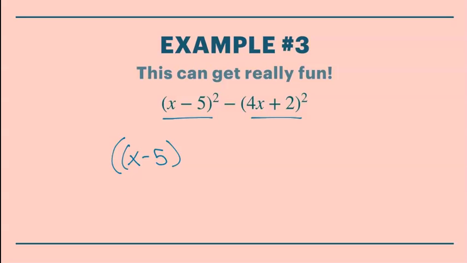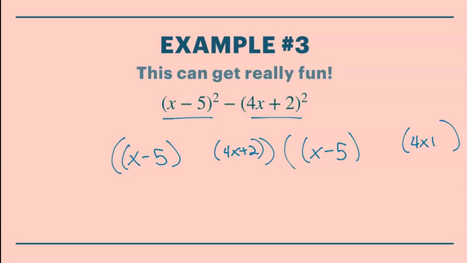So that's the first part of each factor, the square root of the first term, x minus 5. The second part of each factor is the square root of the second part. So the square root of 4x plus 2 squared is 4x plus 2. And then this is a minus sign right here, so we have a conjugate pair. One side has to be plus, the other side has to be minus.